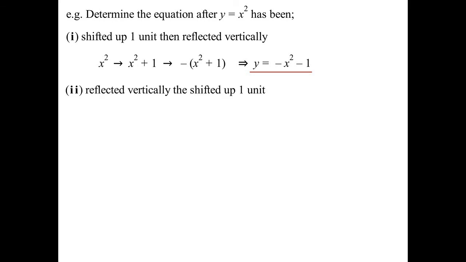How about if we go the other way around? Reflect vertically, then shift it up 1 unit. So now x squared will become minus x squared, there's the reflection, and pull it up 1, you get minus x squared plus 1. So 2 different curves depending on the order that you did it in.